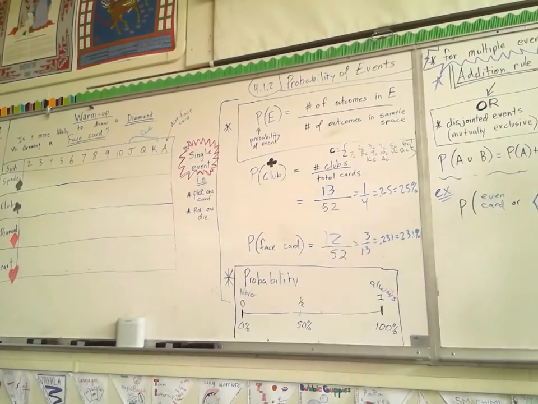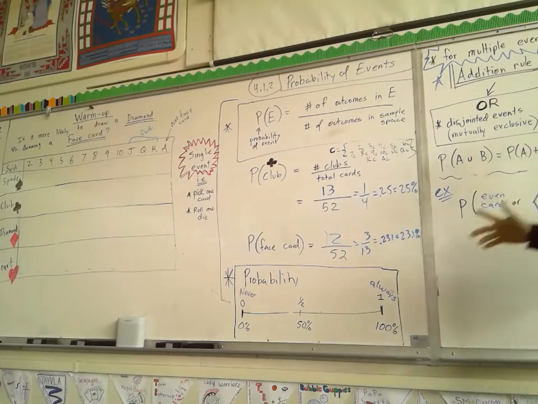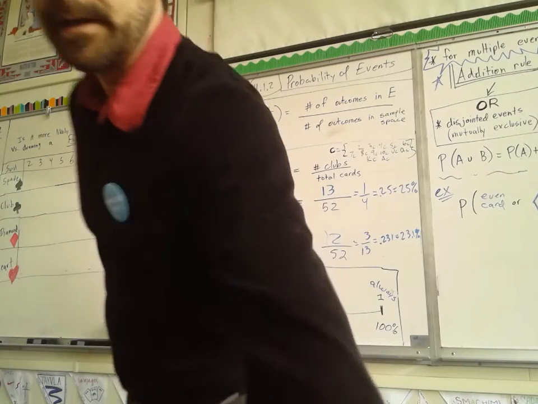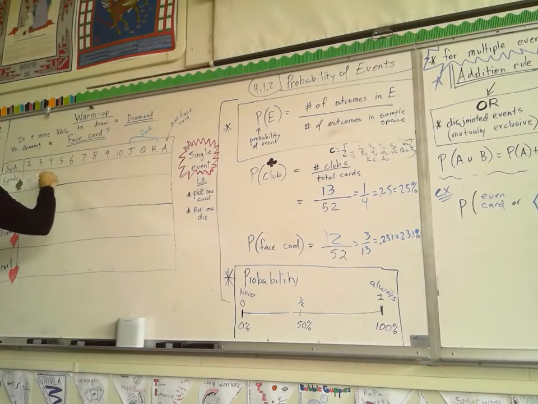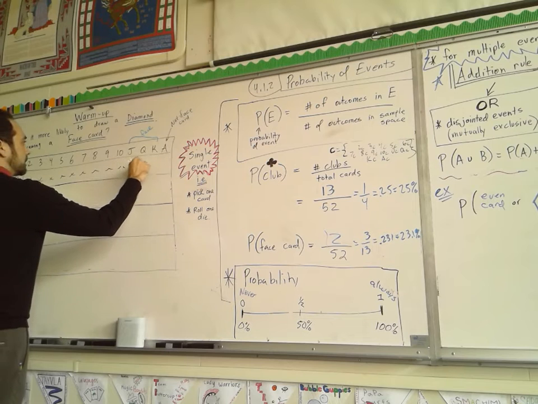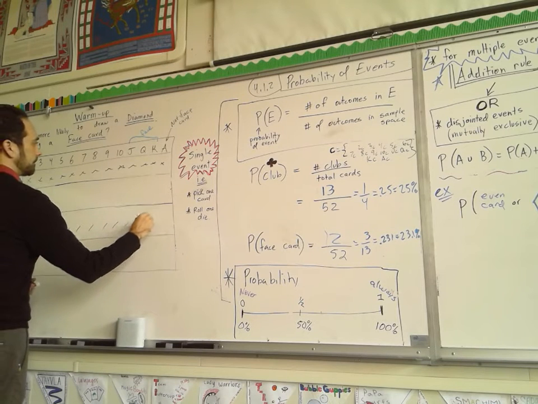This is really basic. The probability of drawing a spade would be 13 out of 52. Drawing a diamond would be 13 out of 52. Here's my 13 for spades, and here's my 13 for diamonds.